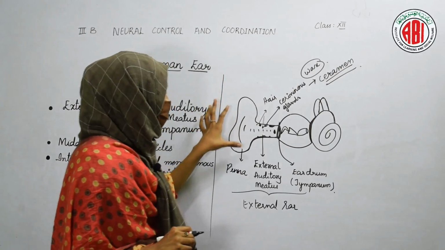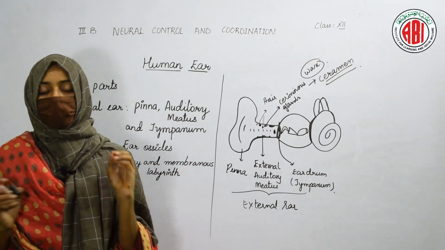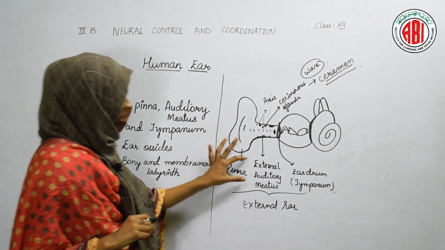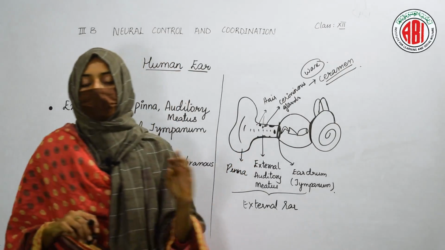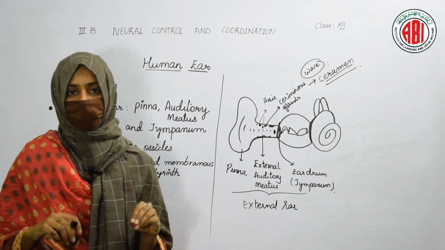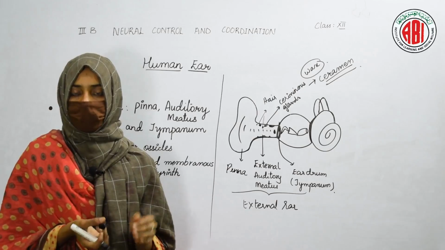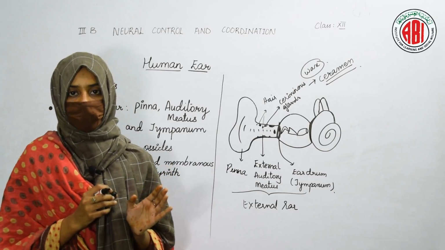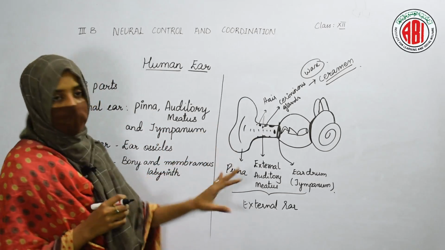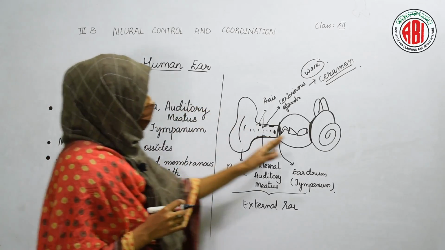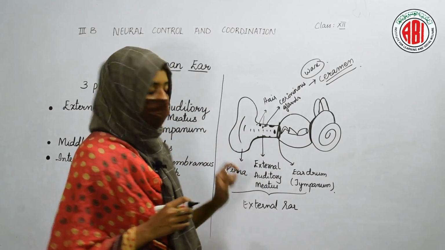Wax and hairs, these two things present in the external auditory meatus, do not allow any foreign material to enter into our ear. This is how it provides protection to the middle and internal human ear.